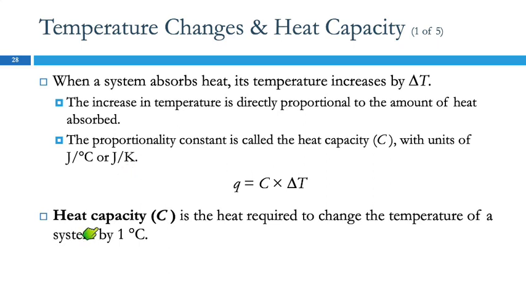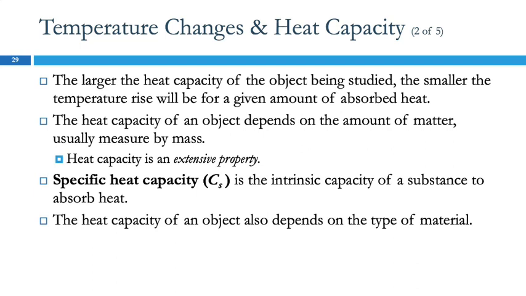So heat capacity is the heat required to change the temperature of a system by 1 degree. Well, maybe your system is a pot of water, you're going to make spaghetti.